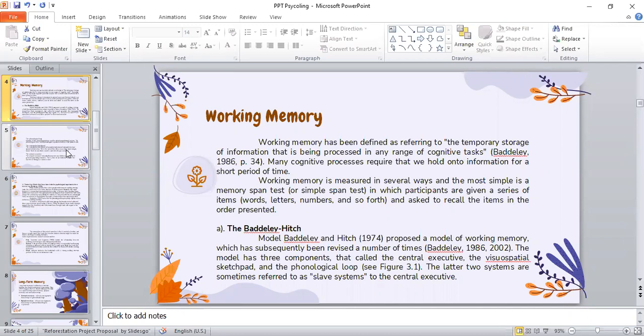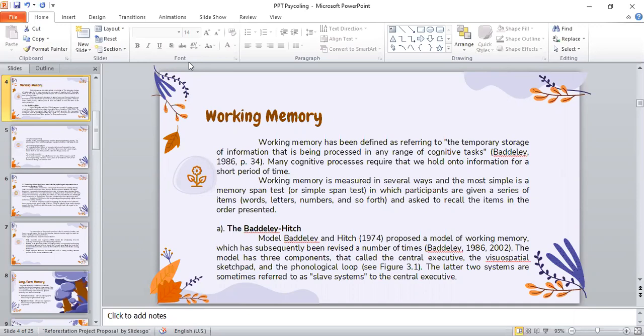Working memory is measured in several ways, and the simplest is a memory span test, in which participants are given a series of items, words, letters, numbers, and so forth, and asked to recall the items in the order presented. Sometimes they are asked to recall them in backward order.